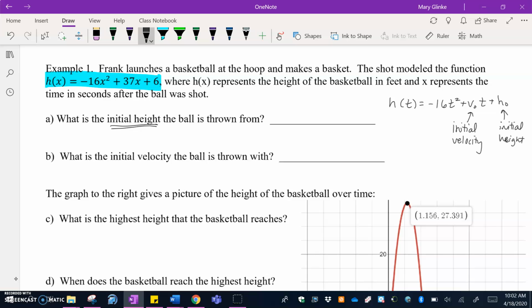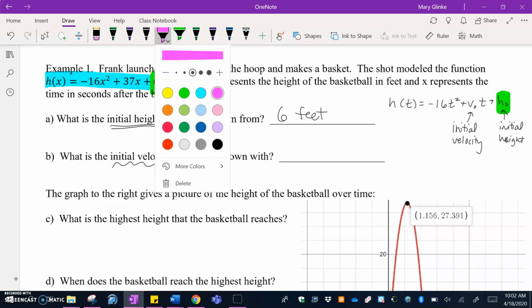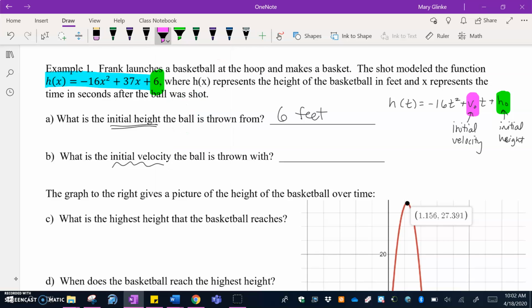So looking at this, whatever is in the spot of the constant is the initial height. So in this case, the initial height is going to be 6 feet. And therefore, the initial velocity normally is coming from whatever's in front of the linear term, or just the t or just the x, which in this case here is going to be 37 feet per second.